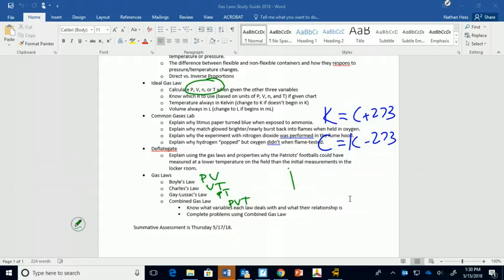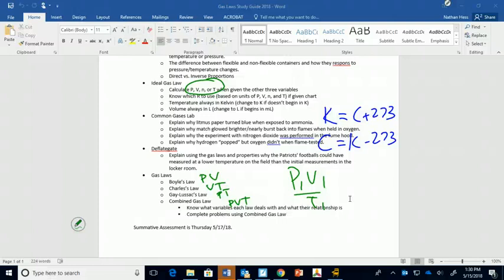Again, that's why you have P1, V1 over T1, right? These 2 are inverse, but these are direct. So, yeah, it's both. Right, because if I increase the pressure, I'm going to increase temperature. If I increase the temperature, I'm going to increase the volume. Again, just to make the equation work, you have to do it that way.